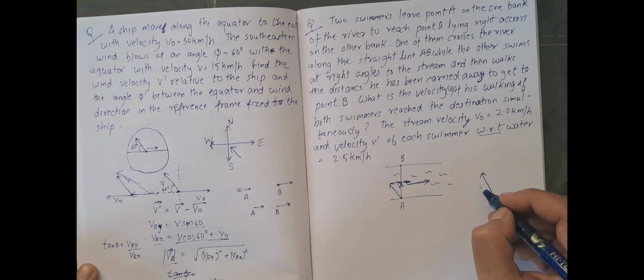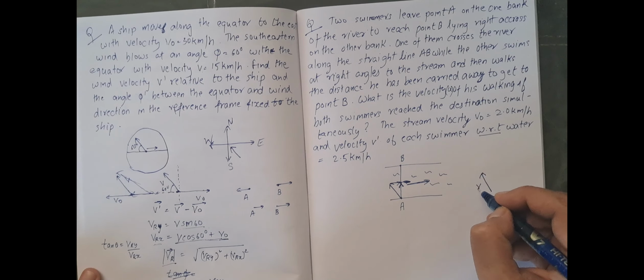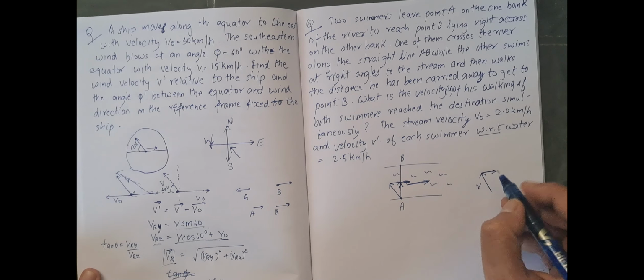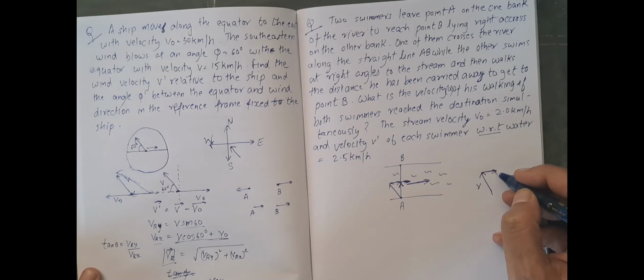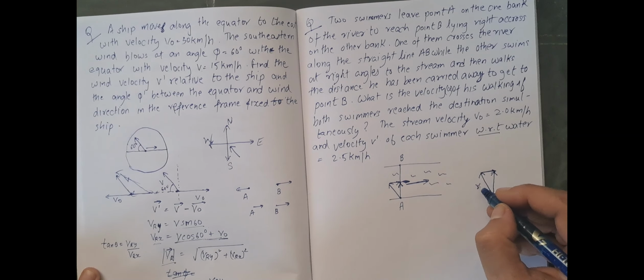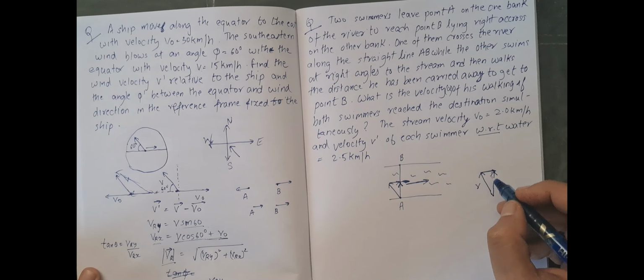This is the velocity vector of the swimmer, this is the velocity vector of the river, and this is the resultant velocity vector.